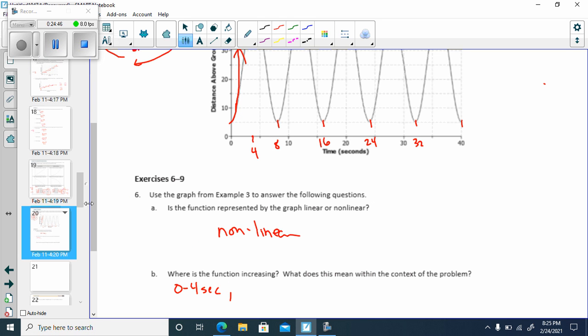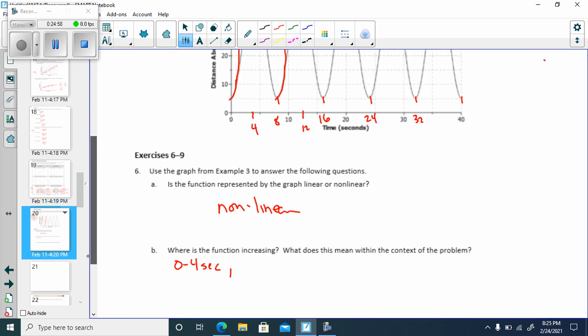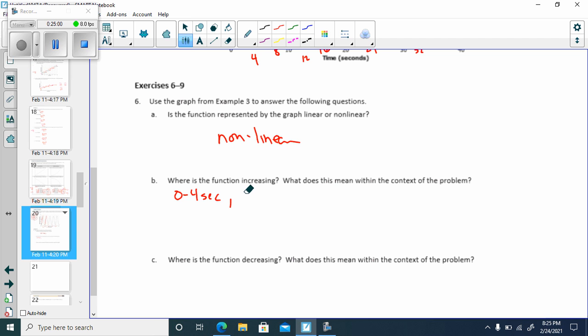Let's see if there's anywhere else that it's increasing, because here it's going down, but here it would be increasing. Let's see, that would be between the 8 seconds and the 12 seconds. If it's an 8-second thing, 4 seconds to go up, 4 seconds to go down. So that would be 8 seconds to 12 seconds when it's going up.